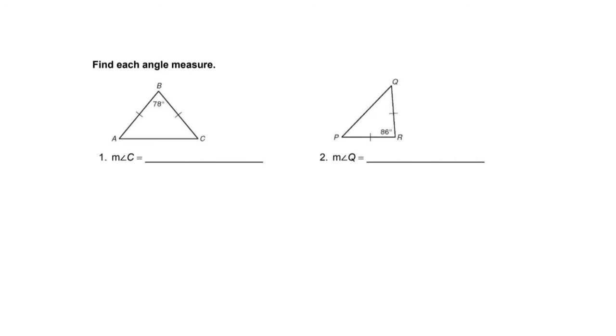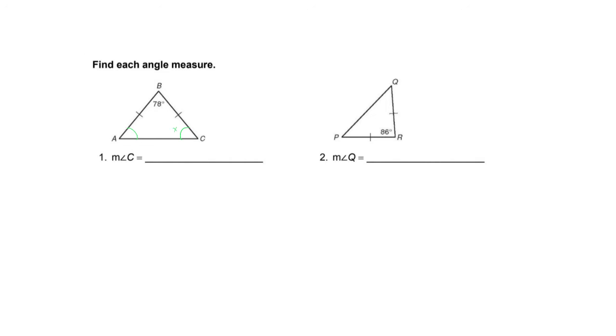Now that we know those facts, we can actually solve for angle measures. We know some things about isosceles triangles, so we can use that information. We have two congruent sides, so their opposite angles are also congruent.